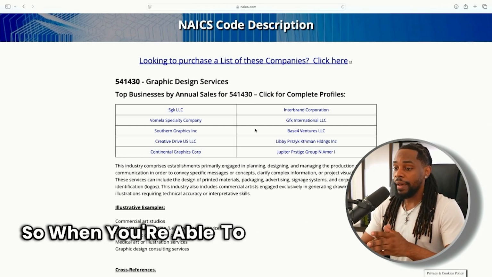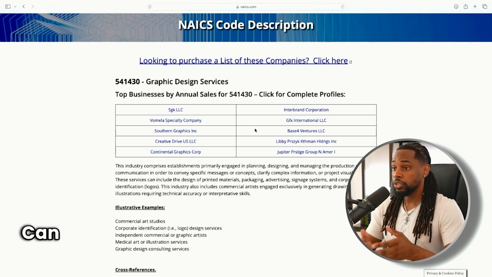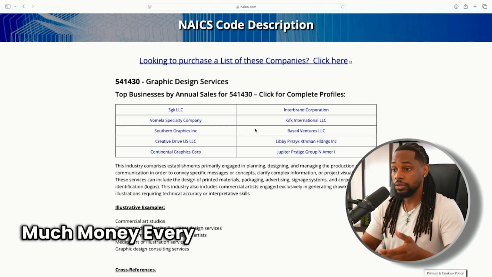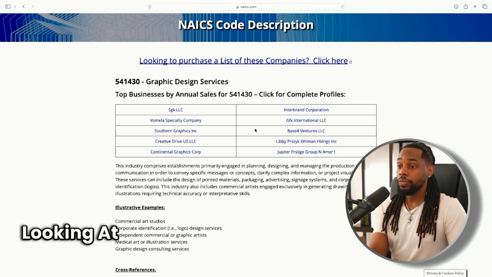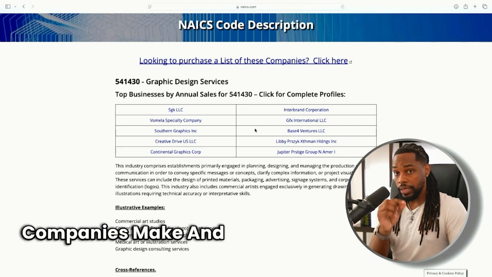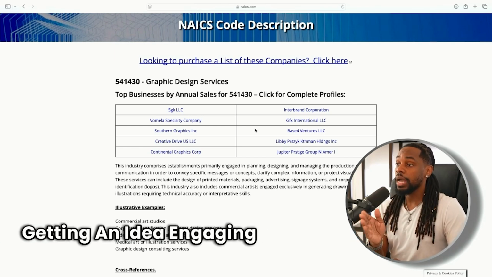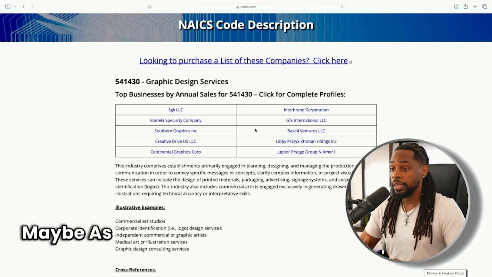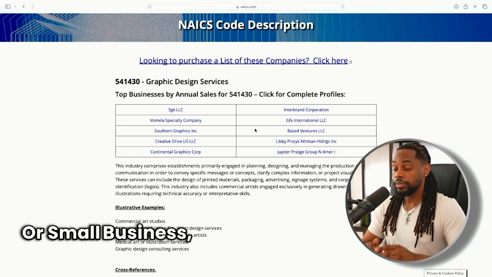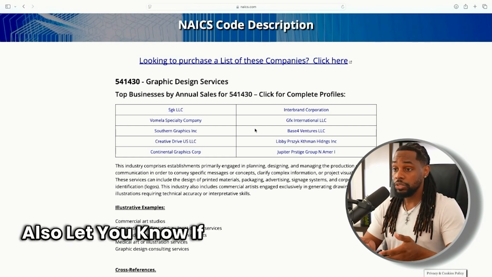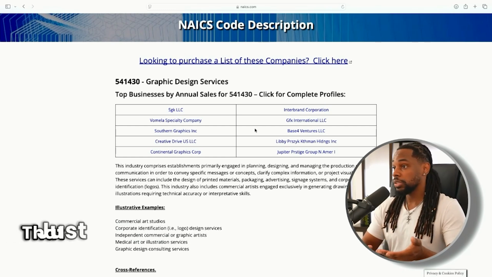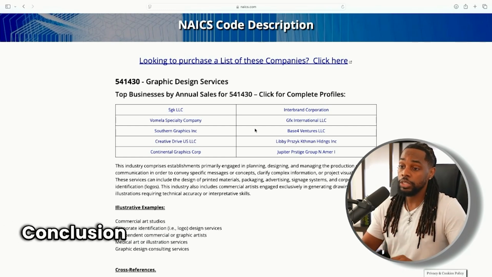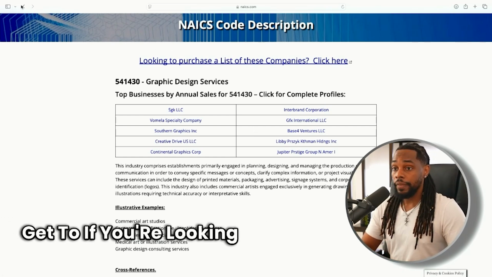So when you're able to say, my business can project to make this much money every single year, you can cross-reference that by looking at what the top companies make, and get an idea of how much you should make as an individual or a small business. This will also let you know that if these are the top companies, more than likely these are the top funded. That is a very simple conclusion you can get to if you're looking at this list.